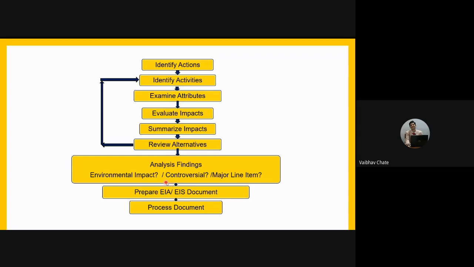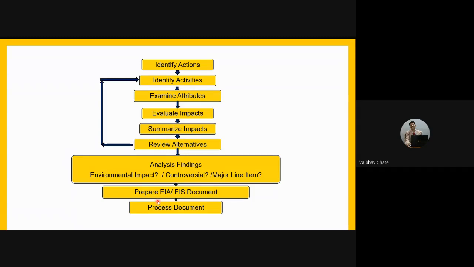If it is environmentally controversial, or going to have significant environmental impact, or is considered a major line of item, then an EIS will be documented. A draft report will be prepared, and after it is put forth in front of the public, we prepare the final EIS document and submit it to the Department of Environment at least 30 days prior to commencement of the work.